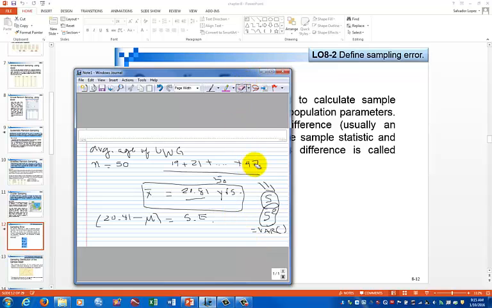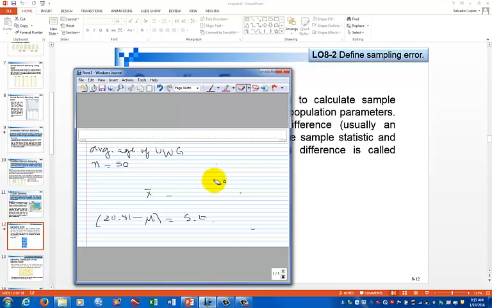Now, in relation to proportion, suppose you're also looking at West Georgia, except that you want to know the proportion of female students at West Georgia.